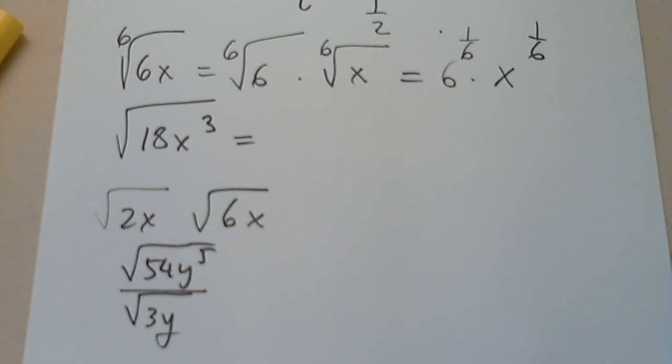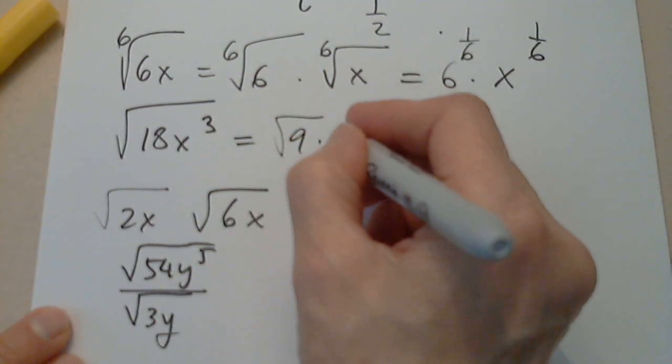It's a product, of course. I need a perfect square. Why perfect square? Because the index is 2. I need a perfect square and one that is not. Did you do 9 and 2? Yeah, of course. The square root of 9 times the square root of 2.